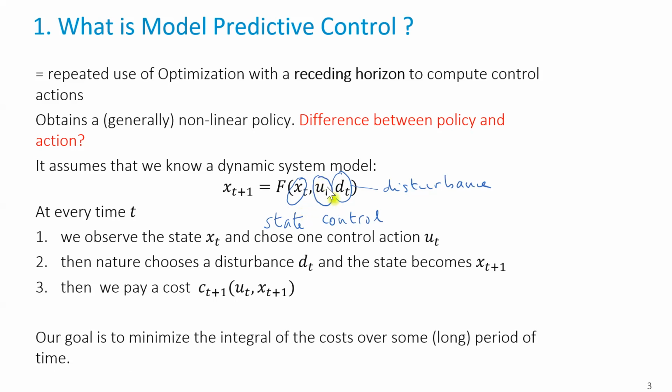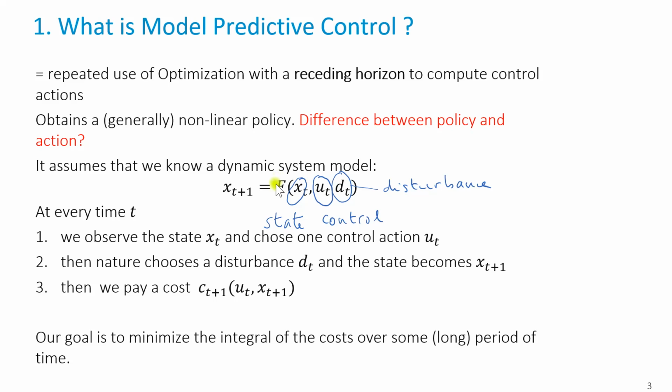Then we have controls. Controls are, for example, last week, the set points of the generators. And we have the disturbance, which are, for example, the deviation from forecast that applies to the load or to whatever we are controlling. And we assume that we know exactly the dynamic system model.